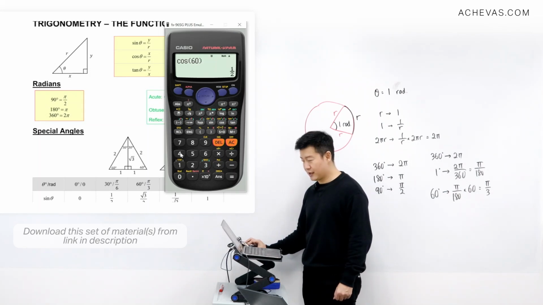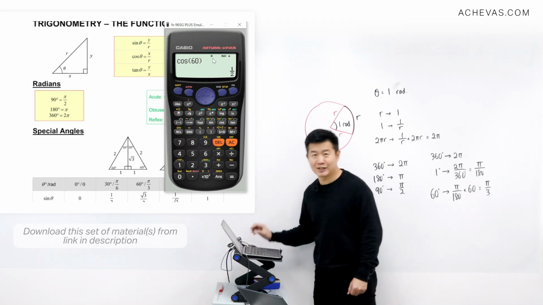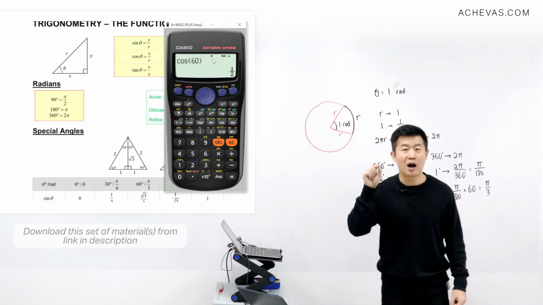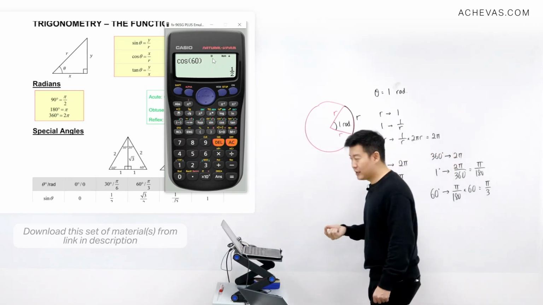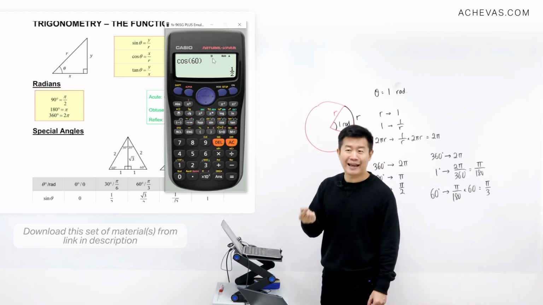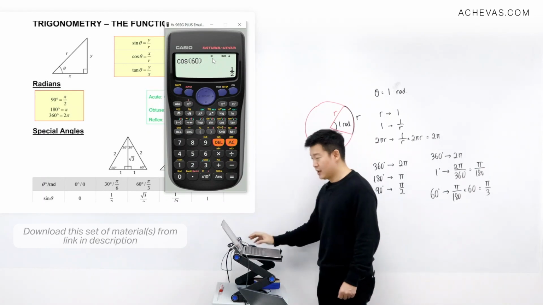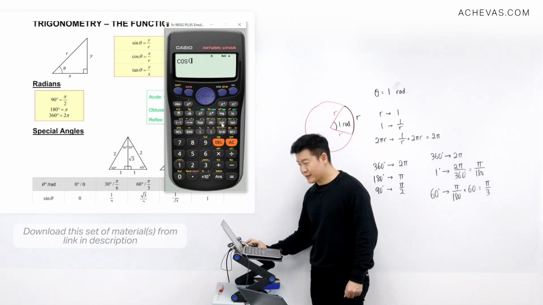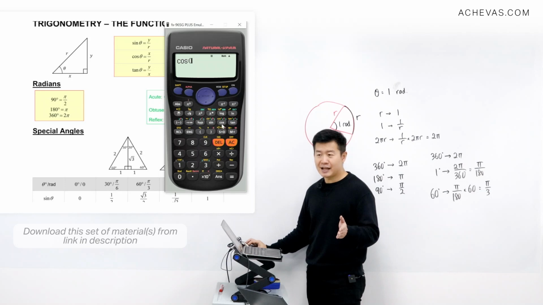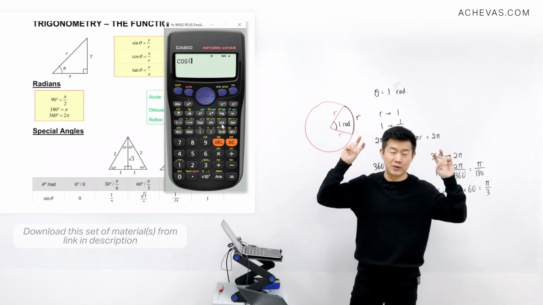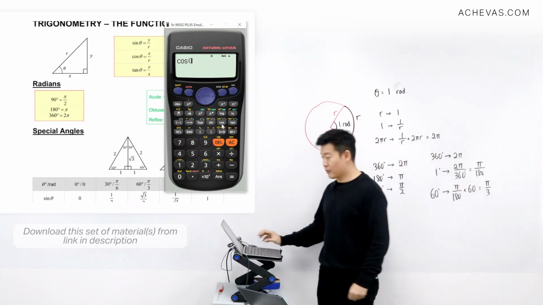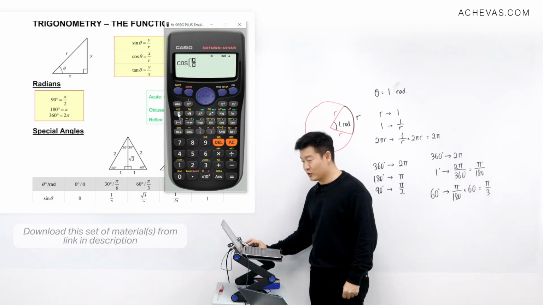I'm going to go for radians, number 4. You realize that this little D symbol is now R. So the calculator is now calculating all angles input into the trigonometric functions in radians. Which means if I press cosine again, this time, instead of 60 degrees, I'm going to put in pi over 3 radians.